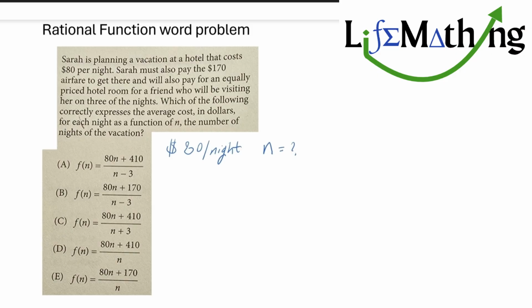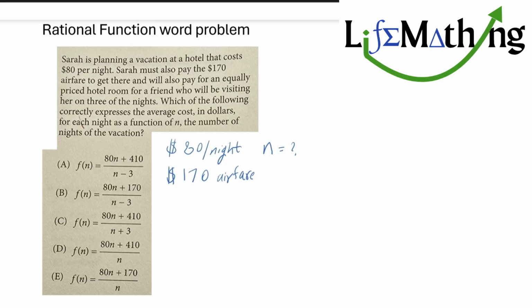Sarah must also pay the $170 airfare to get there. Okay, so there's a $170 airfare that she has to pay. So that's a must. And she will also pay for an equally priced hotel room for a friend who will be visiting her on 3 of the nights. So basically, she's getting a hotel for her friend that also costs $80, and her friend is staying for 3 nights.